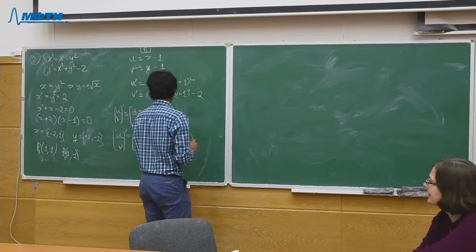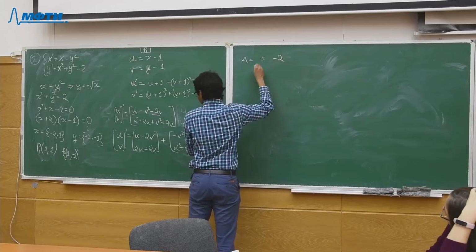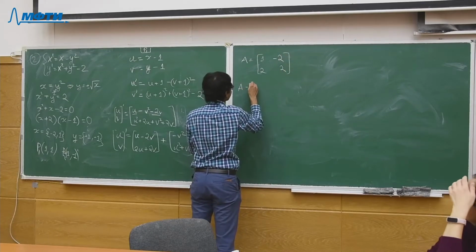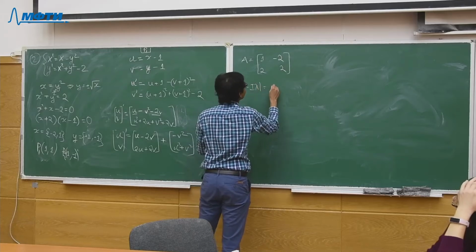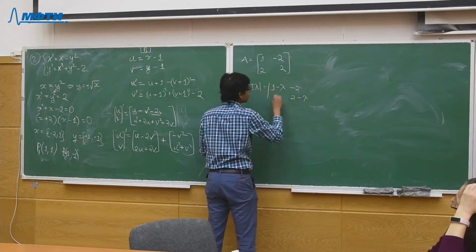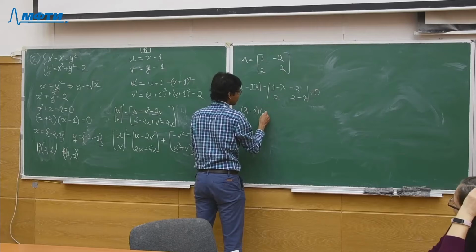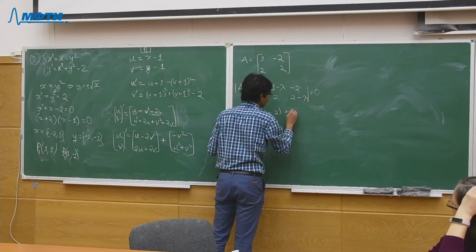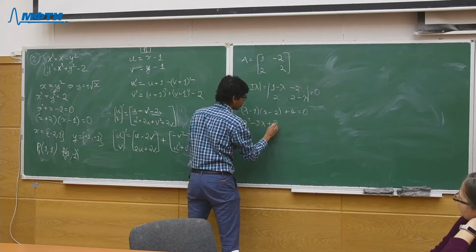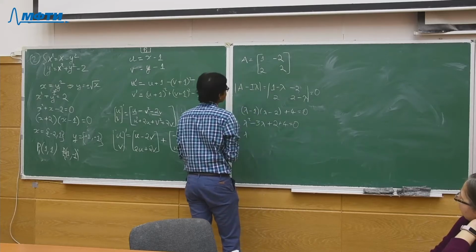Now eigenvalues, yes, eigenvalues, eigenvectors, if we need them. Plus 4, correct. Okay, 6, 2, 3, 6.